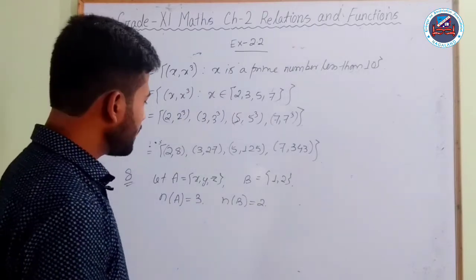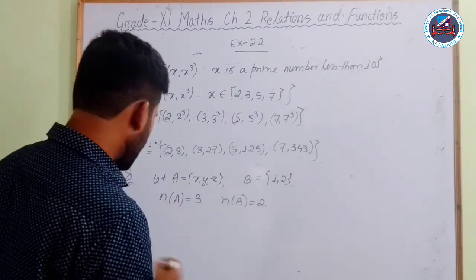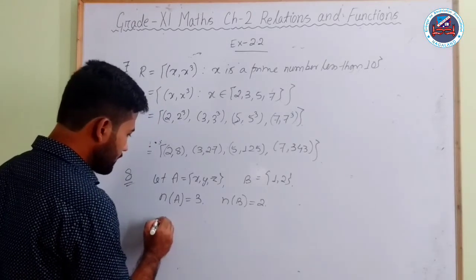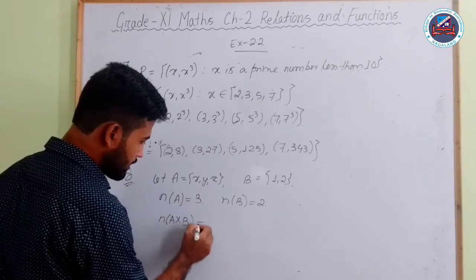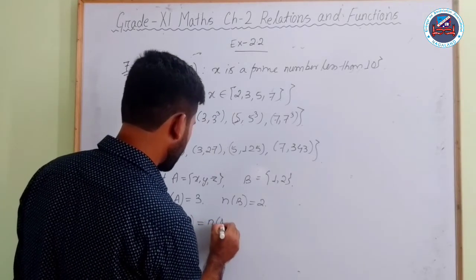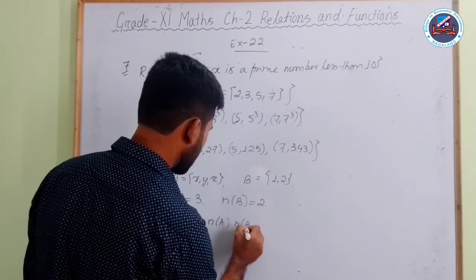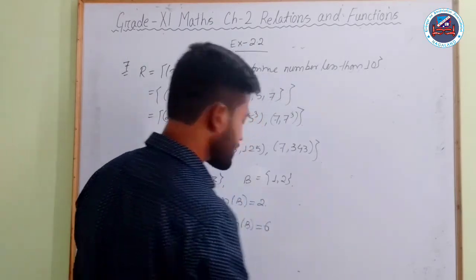So how to find the total number of relations from set A to set B? It can be done easily. At first we know that the number of elements of A cross B is equal to the number of elements of A into the number of elements of B, and that is 3 into 2, which is 6.